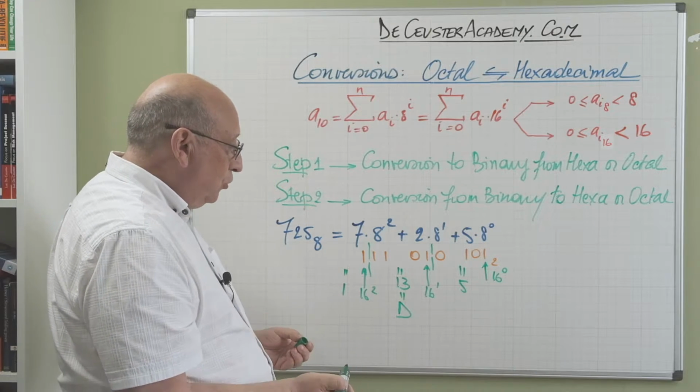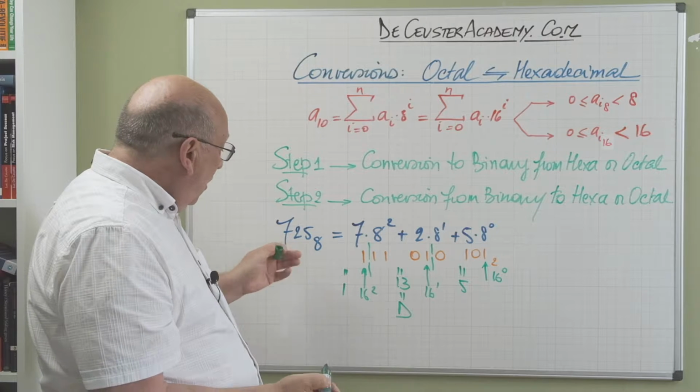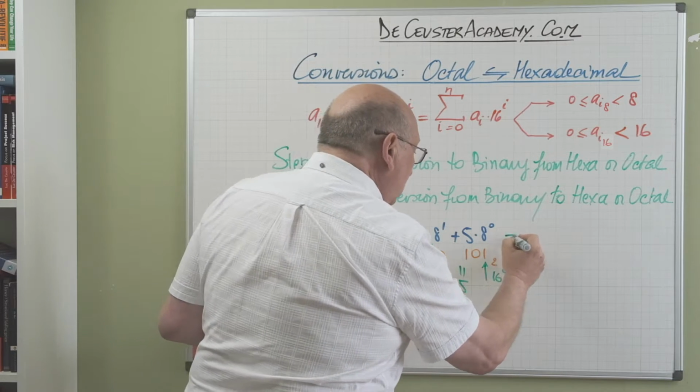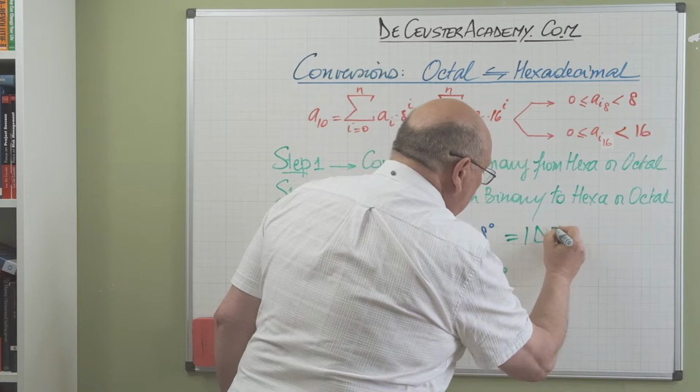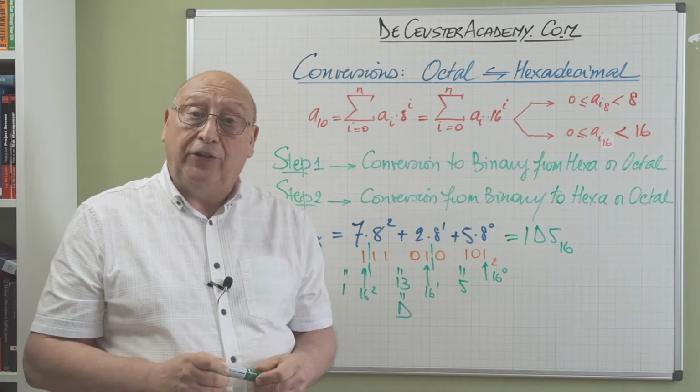What we can conclude here is that the hexadecimal equivalent of 725 is equal to 1D5, of course in hexadecimal notation.